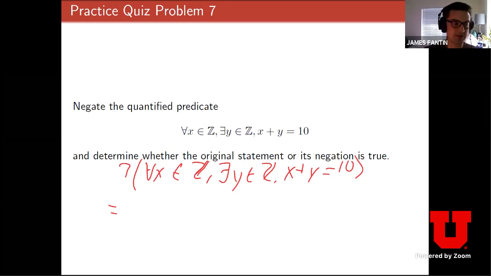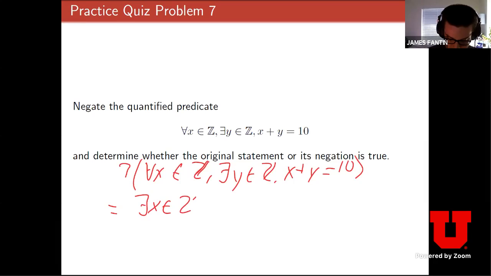As we negate it, we just have to move that negation through the entire statement. First, we negate the for all x an element of Z. The negation of that means there exists an x, an element of Z. And then we would have a negation of everything else.